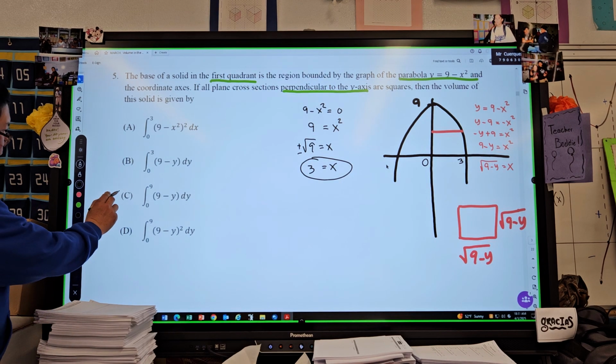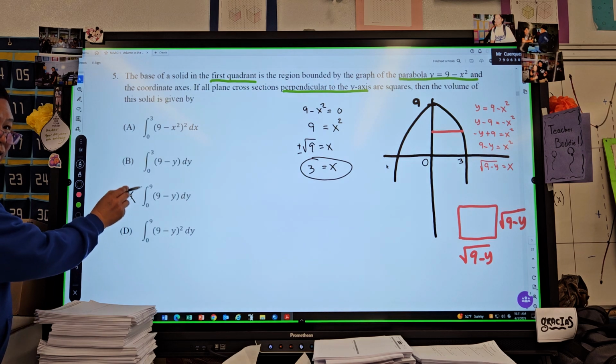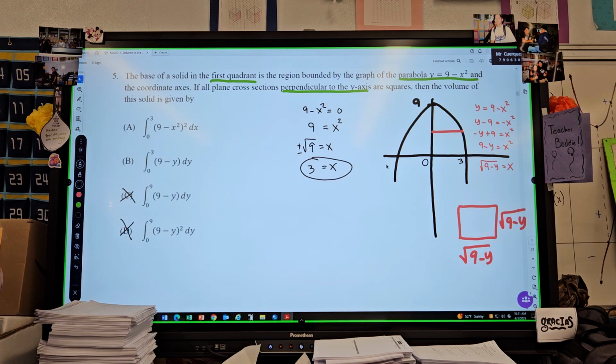So, test taking strategy. Can we cross this out? Yes. Why? The limit is from 0 to 9, so this is not part of the options. Since it's perpendicular to the y-axis, doesn't it have to be radical 9 minus y? That's the reason.